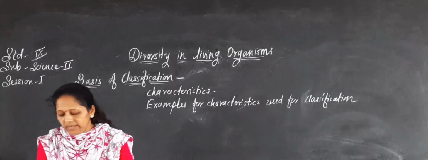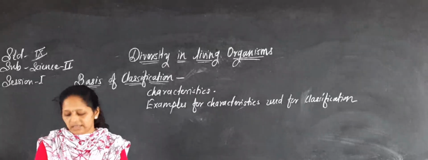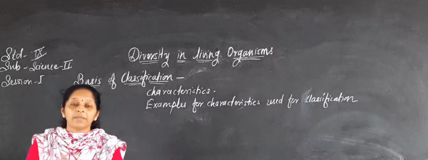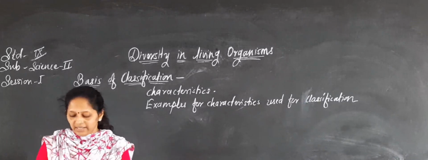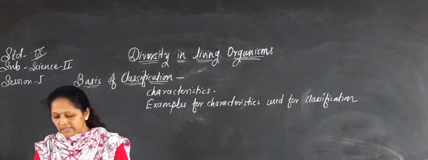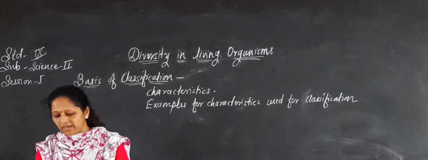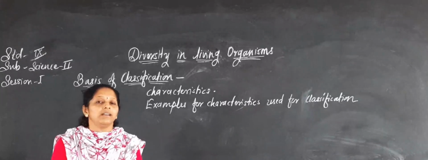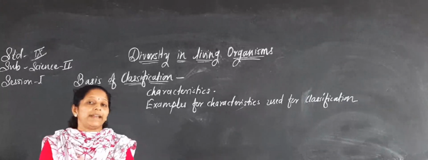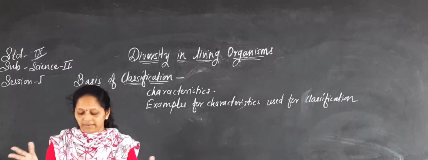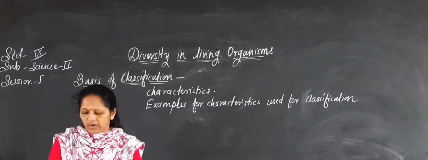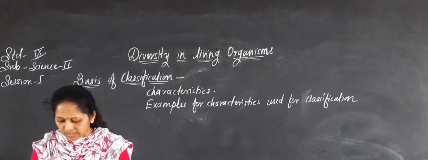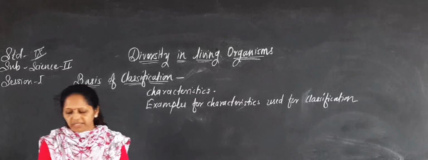So we need to decide which characteristic is to be used as the basis for making a broad division. Then we pick the next characteristic for the subgroups, and after that again smaller groups.